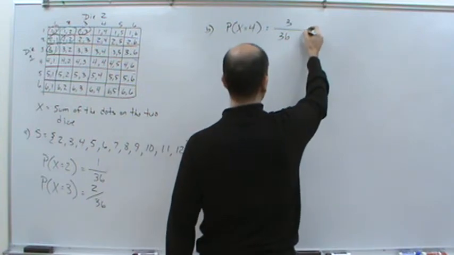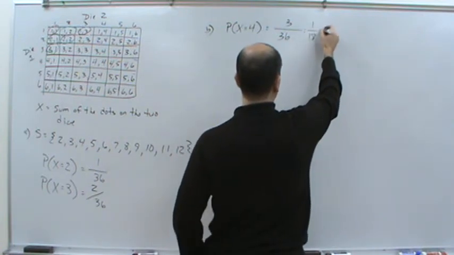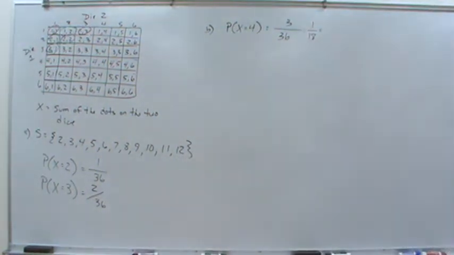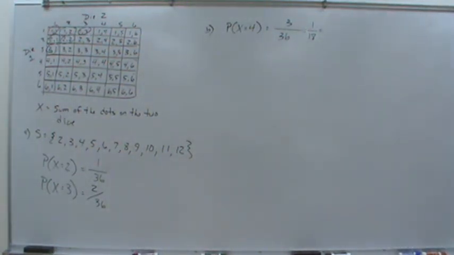Which reduces to 1 out of 18, which is 1/18th. Of course, we want to make sure we write these as decimals, but you don't have to, just for the sake of understanding. So it would be 0.056, right?